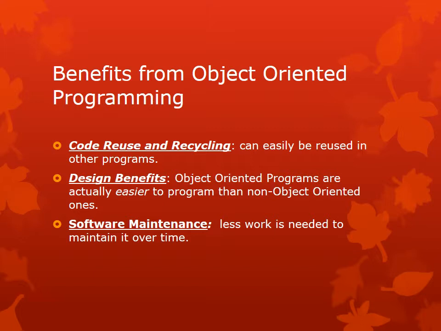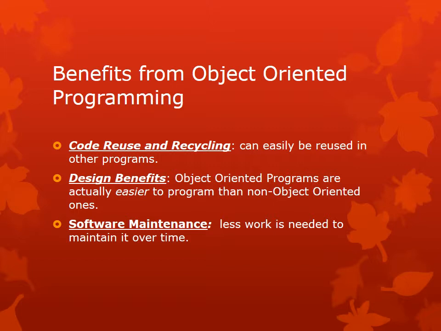In addition, once a program reaches a certain size, object-oriented programs are actually easier to program than non-object-oriented ones. That's because we can reuse all the functionalities and data that we set up for other classes.